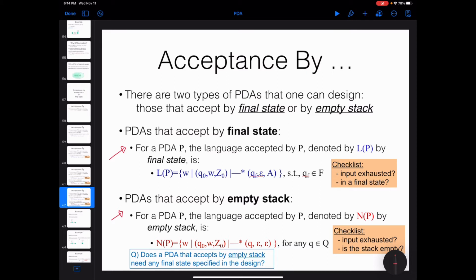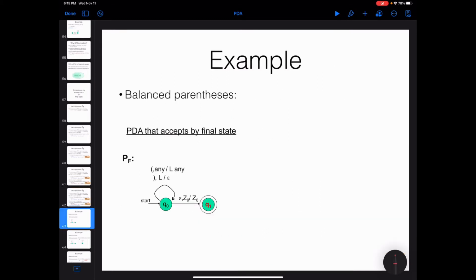It means that if you have designed a pushdown automaton that accepts by final state, you can convert it to a pushdown automaton that accepts by empty stack, and vice versa. Before proving the equivalence of these two types of pushdown automata, I'm going to show you an example.